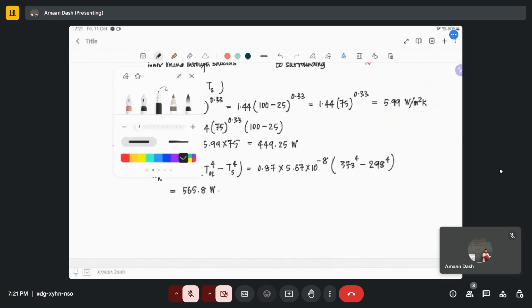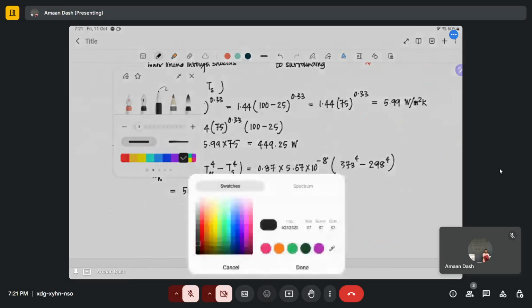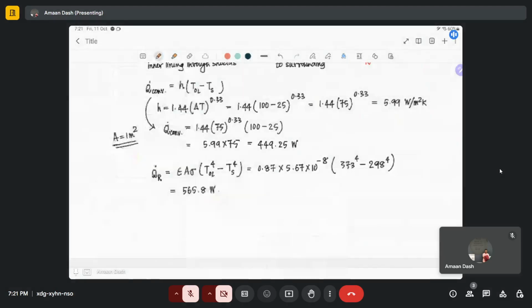This is outer lining minus the surrounding temperature. So area as we have considered is 1 and emissivity is 0.87.